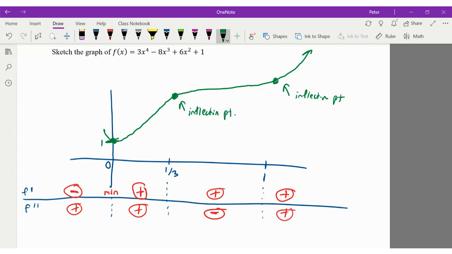And just looking at this function, I know we covered this in chapter 2, but if we imagine the function going all the way out to negative infinity and positive infinity, we see that this 3x to the 4th is just going to keep growing to positive infinity. So we can draw this as going out toward positive infinity like that. So I have here a min and 2 inflection points, and that's the graph of this function, sketched out based on what its derivatives are equal to.